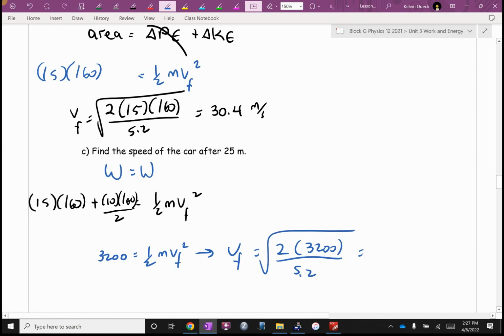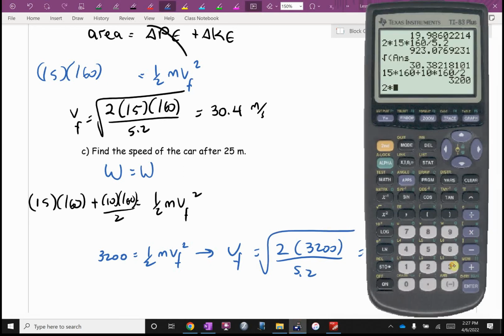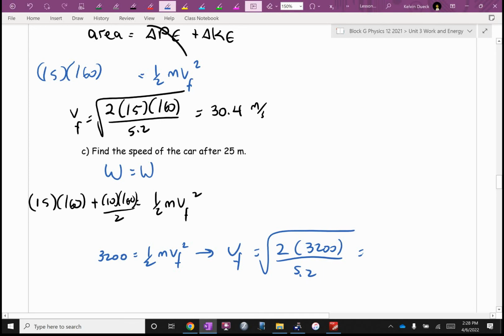Don't forget the square root. And I get not much faster. Well, yeah, the rocket's dying out. The force is decreasing, so you don't get much oomph, but a little more, 35.1 meters per second. That's the work energy theorem.